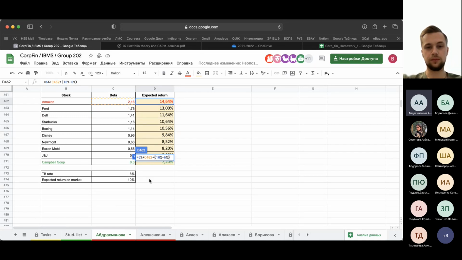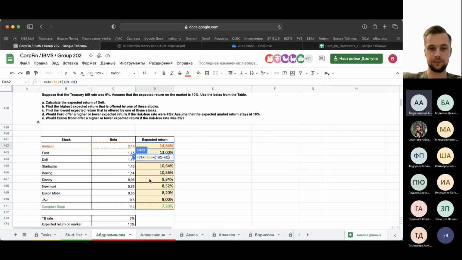Then, answering the questions, the highest expected return, as we see, is Amazon's. And the lowest is Campbell's Soup. Yes, that's obvious.